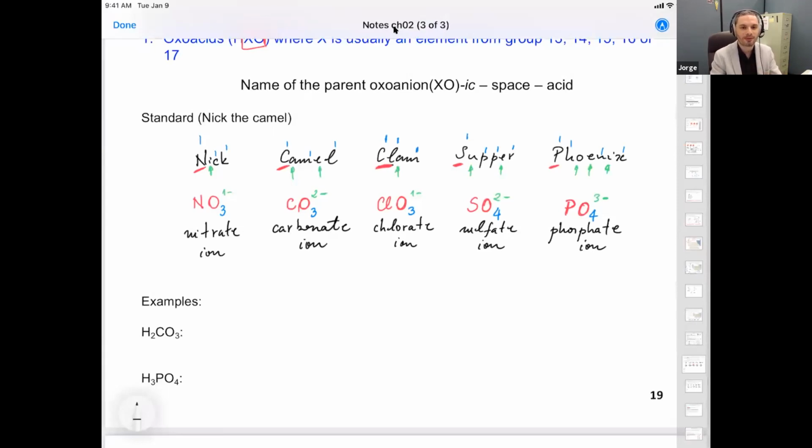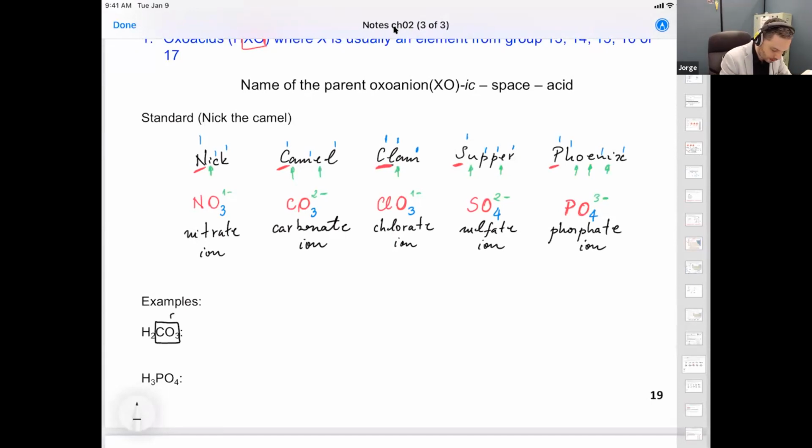Okay, so first thing, we have hydrogen, an element, and oxygen. That means we have an oxoacid. The trick here for oxoacids is to identify the oxoanion. The oxoanion is always going to be everything you have in the formula except the hydrogens.